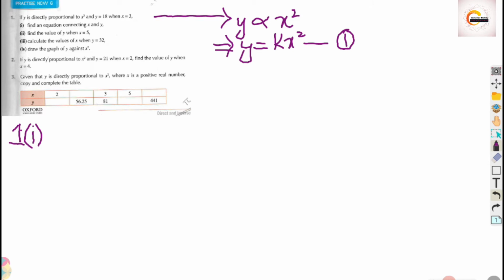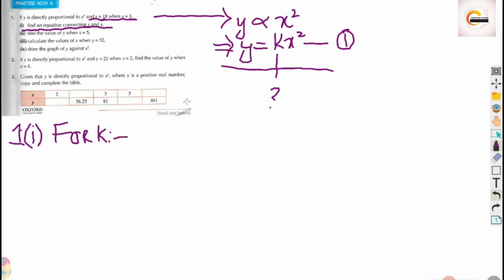So if y is directly proportional to x square and y is equal to 18 and x is equal to 3, find an equation connecting x and y. For any equation we must know the value of k. First we have to find out the value of k. And how will we find out the value of k?